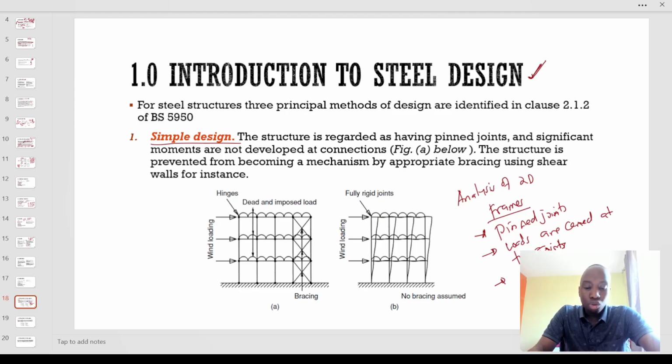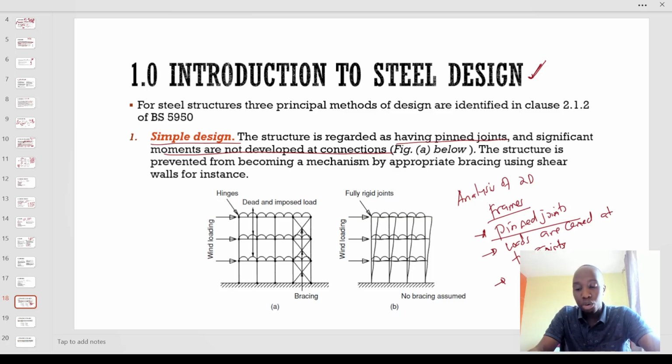Okay, so that's one of the things that we consider when we are doing simple designs. We want to ensure that we provide a way that structures are regarded as having pinned joints and significant moments not developed at connections. So why are they not developed at connections? Because they are pinned joints.